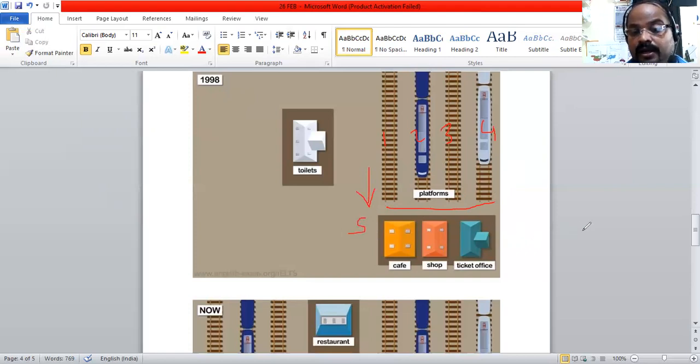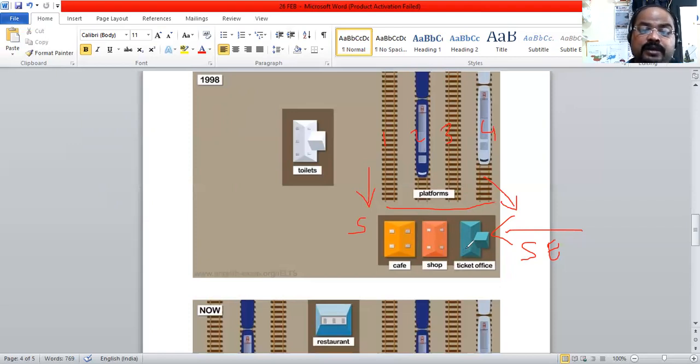You can see the ticket office at the southeast, so this is southeast to the platforms. We can see a ticket office towards the southeast part of the platforms.